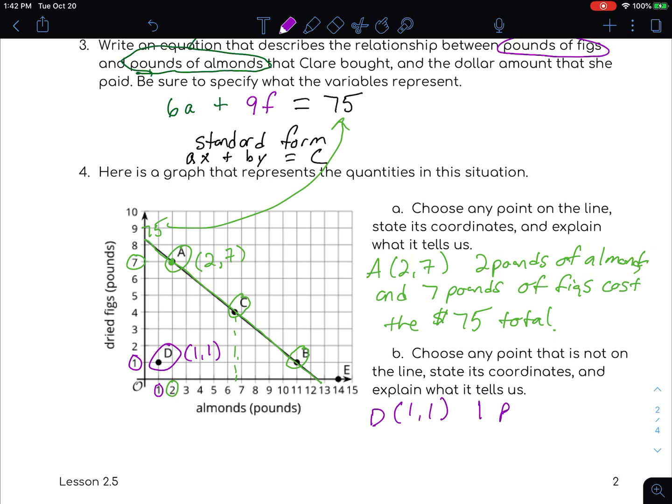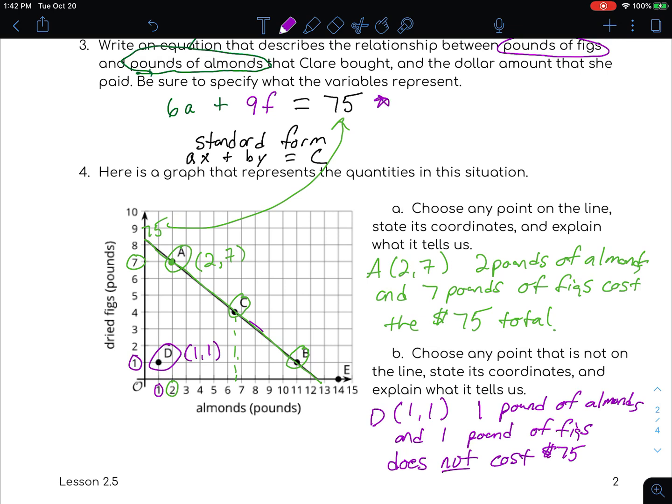It tells us 1 pound of almonds and 1 pound of figs does not cost $75. We know it does not cost $75 because the line represents all possible combinations of almonds and figs that cost $75, because this equation right here produces this line.